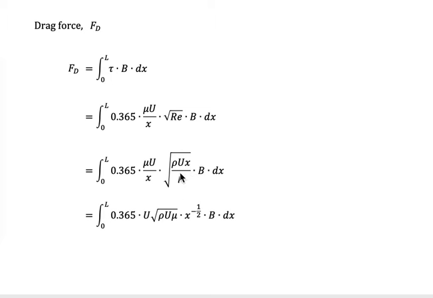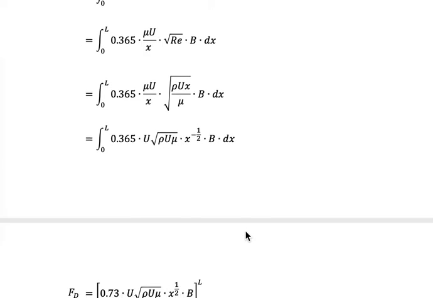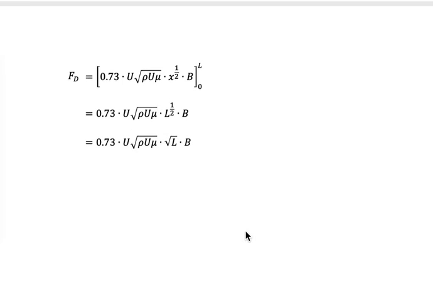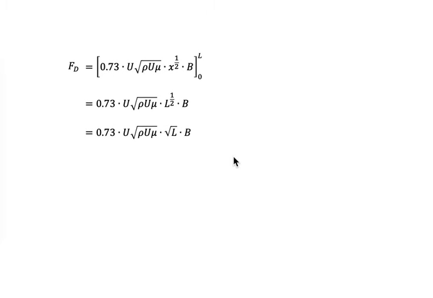We have two terms of x here, and 2 mu and u, so we can simplify into these terms. We do the integral from limit 0 to L, and finally we can say that drag force can be calculated by using this term, which is 0.73 times square root of u cubed rho mu times square root of L, and B.